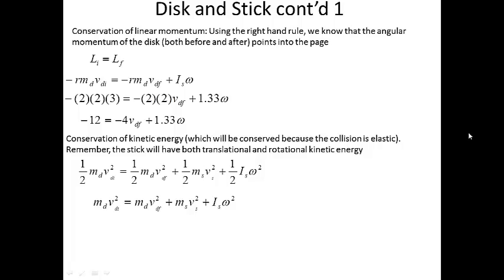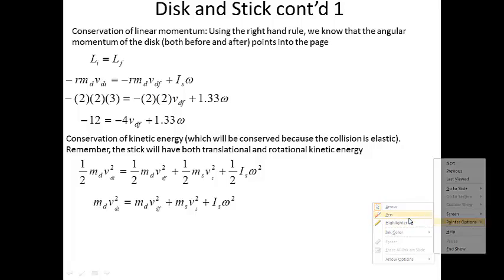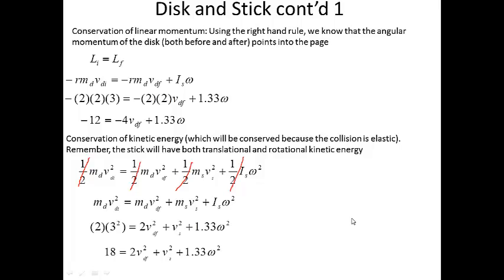So let's simplify, and we can plug in some numbers. So the 1/2 will all cancel out. And we'll plug in the numbers, simplify a little bit more, and we end up with this expression.